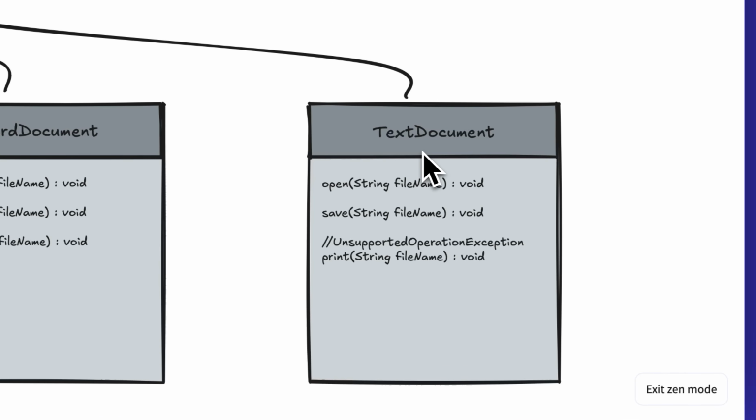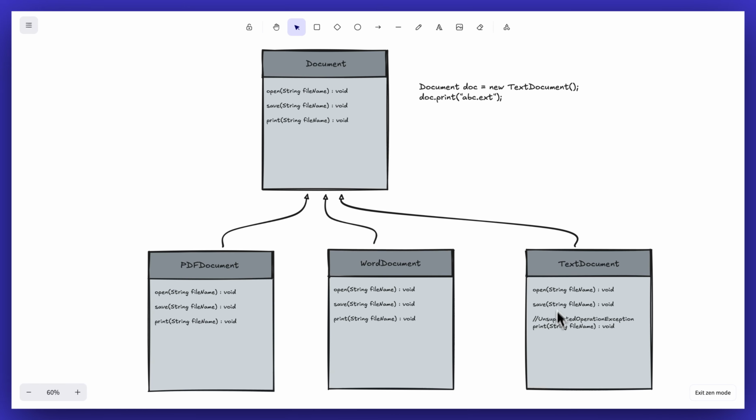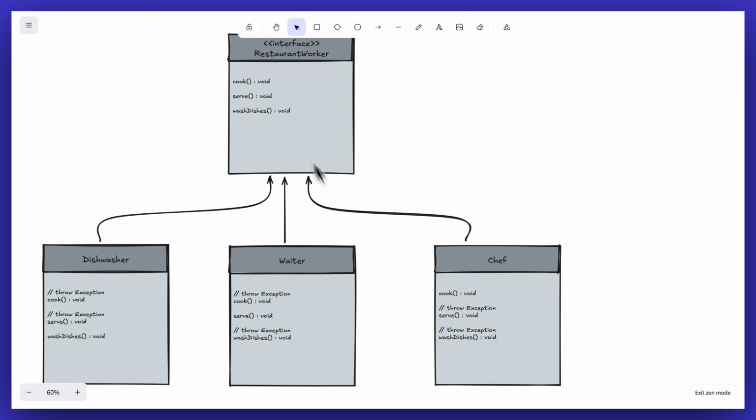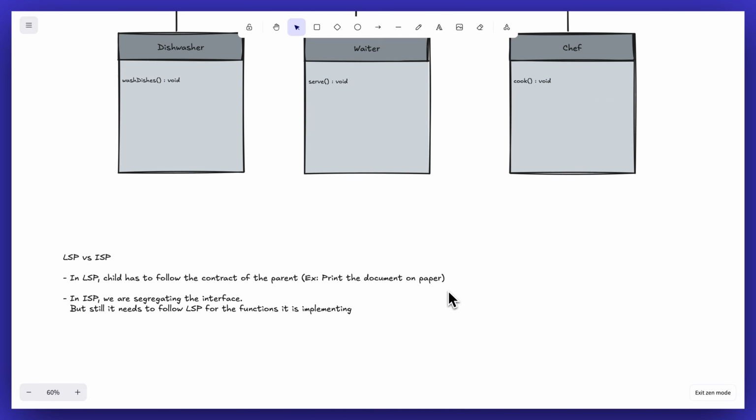And the text document was throwing an exception like this. Why? Because it was not supporting the print function. So in other words, people can argue that text document is forced to implement the print function. And in ISP as well, the children are forced to implement the functions which the parent has. This can be the argument. So the clear-cut answer for this is what I've written over here.